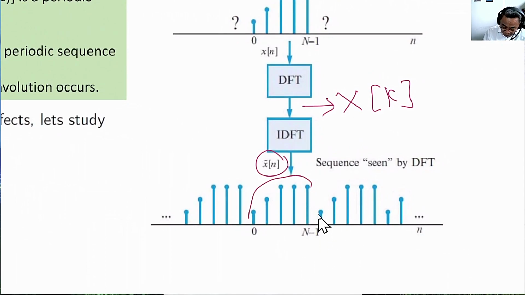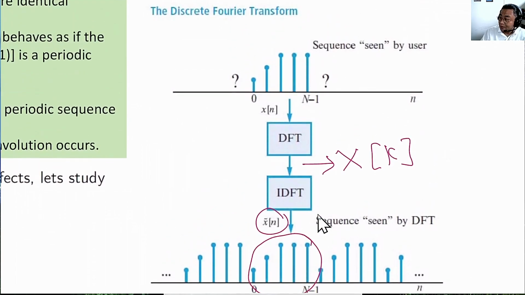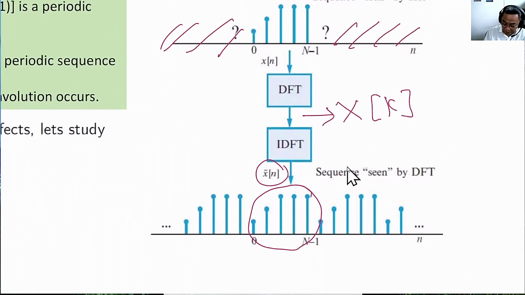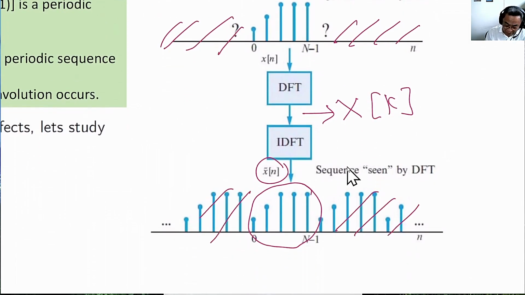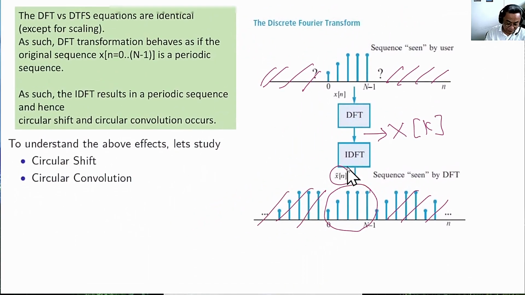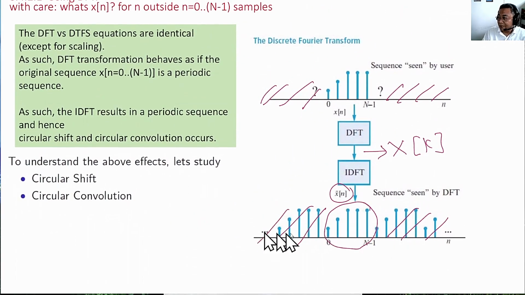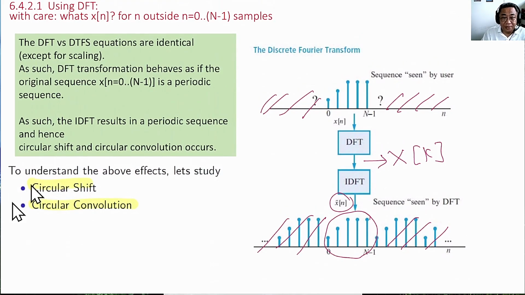Now, so what happened now? In fact, only this part is the same. This is repeating if we want to calculate different n, but we actually have no idea what these were. So these are invalid values even though we can calculate them. And because they are invalid values, they will cause us 2 problems that we need to solve later on. One is called the circular shift, and one is called the circular convolution. We'll study this in the next slides. Thank you.